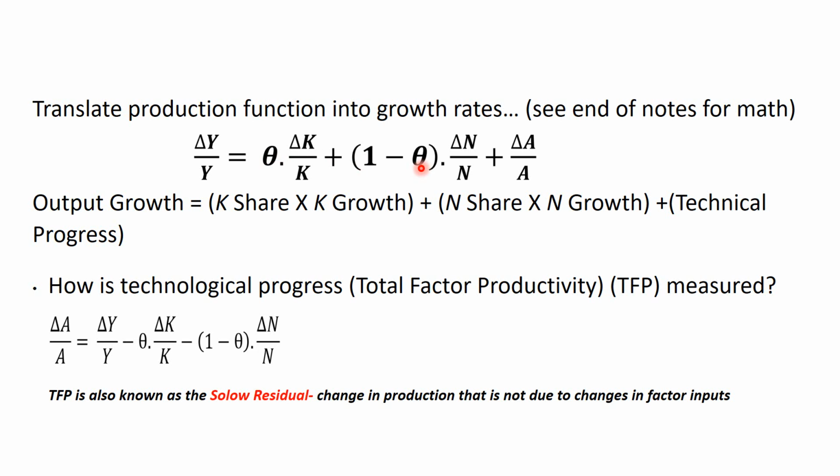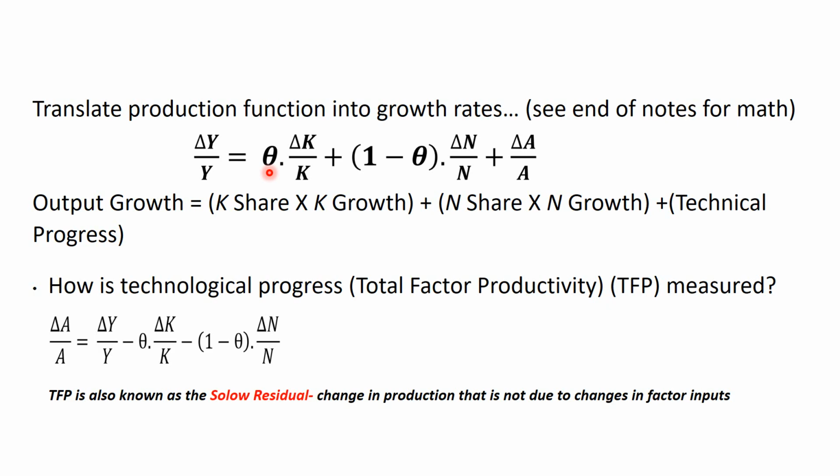Now, I haven't really spoken about those, so what are they? Theta refers to the share of capital in total output growth, and 1 minus theta refers to the share of labor in total output growth. So, in other words, what we are saying is that the contribution of labor and capital stock to total output growth may not be equal.